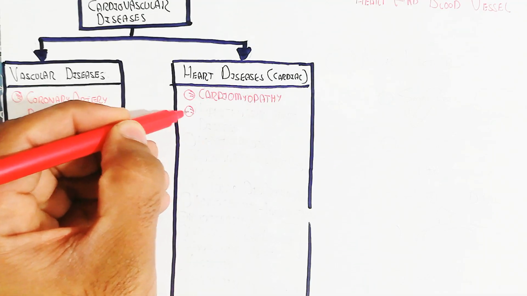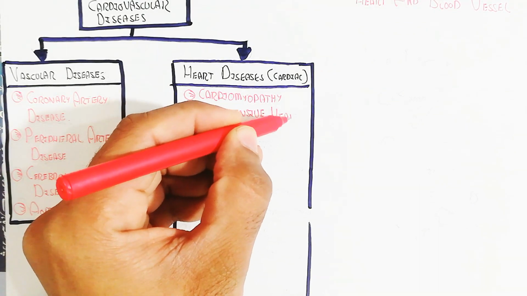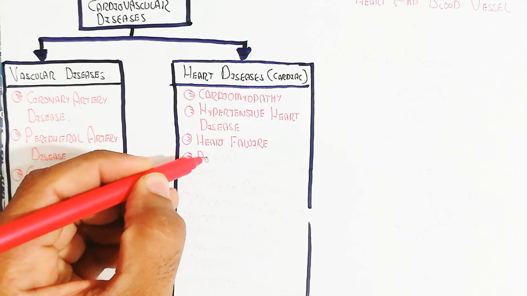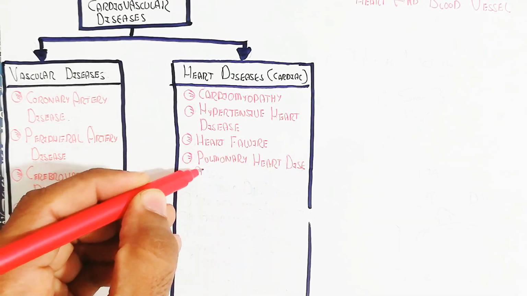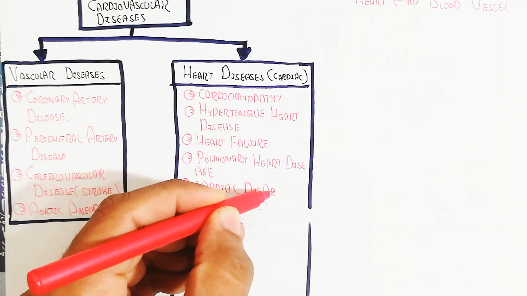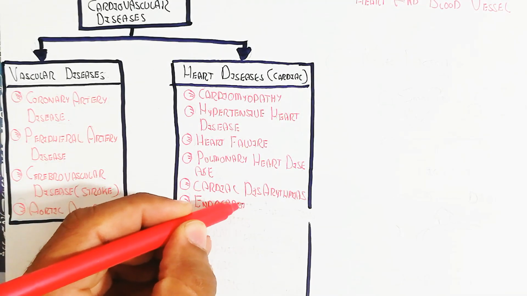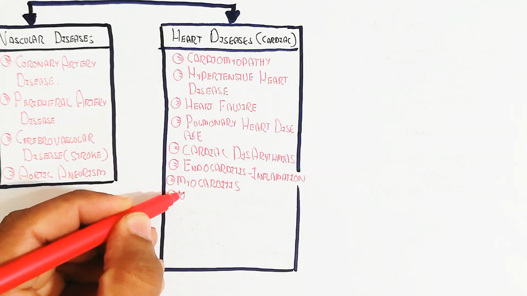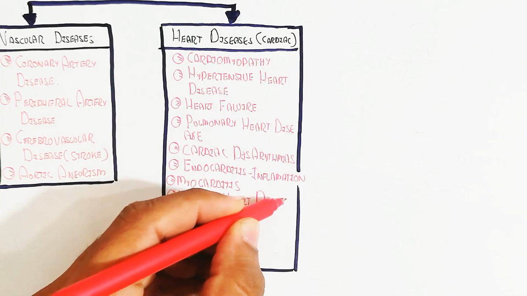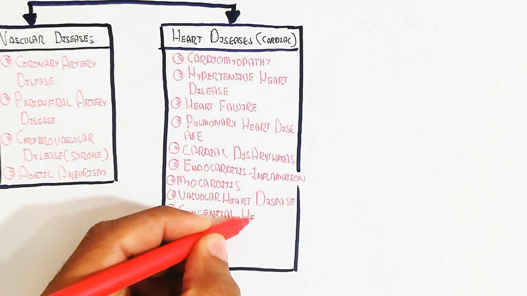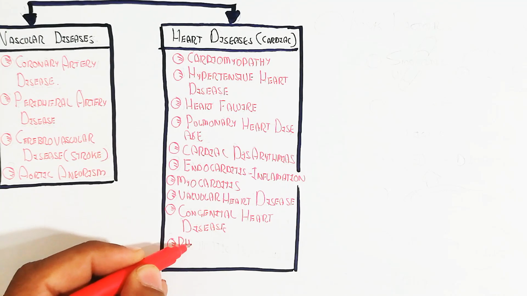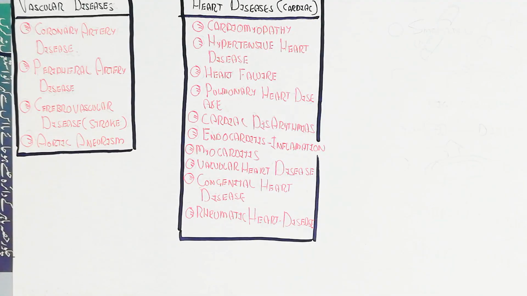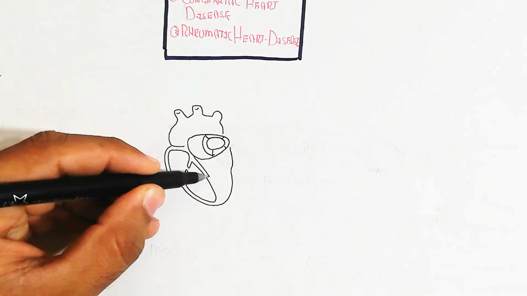While heart disease involves cardiomyopathy, hypertensive heart disease, heart failure, pulmonary heart disease, cardiac dysrhythmia (irregular heartbeat, systolic and diastolic irregularity), endocarditis (inflammation of the endocardium), myocarditis (inflammation of the myocardium), valvular heart disease, where the valve wall leads to stenosis, congenital heart disease, and rheumatic heart disease.